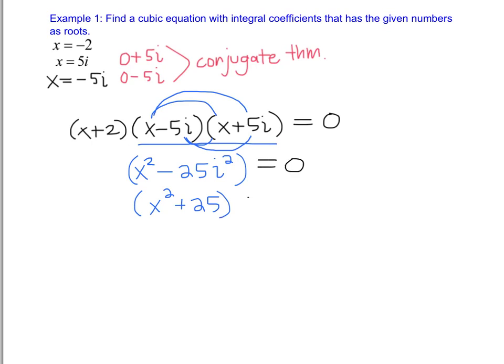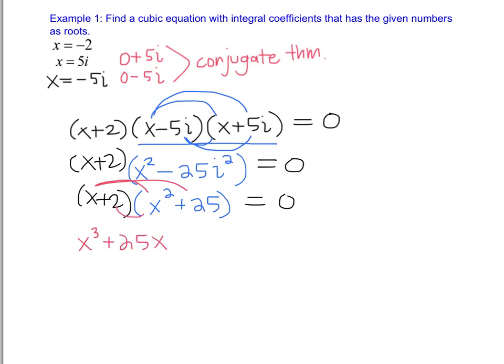Okay, let me just recopy the rest. We haven't done anything with this x plus 2 yet. But now let's go ahead and multiply these together. So x times x squared is x cubed. x times 25 is 25x. 2 times x squared is 2x squared.